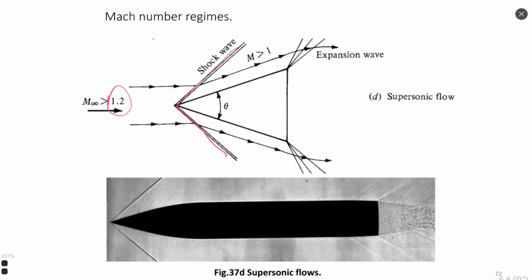And then the flow must also pass through expansion waves. Shock waves and expansion waves always go together. It's not possible that we have just, for example, a shock wave and will not have an expansion wave. Physics, or nature, equilibrates everything.